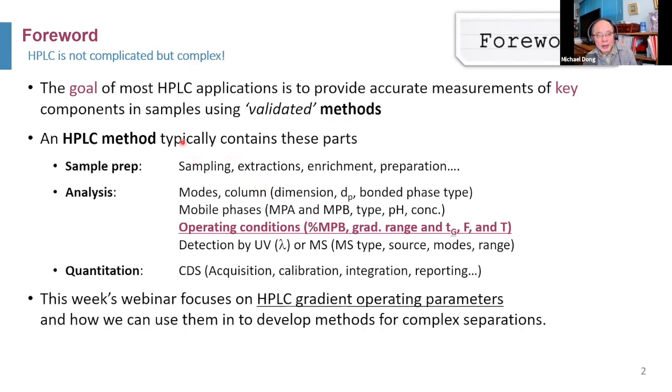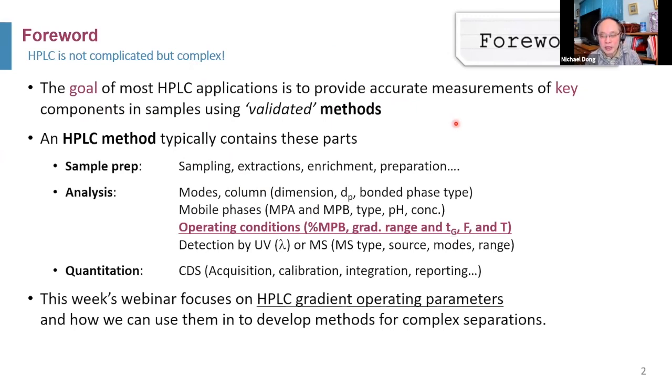So once again, we have to go back to the goal, right? Why do we do HPLC? So most of the application is to provide accurate measurement or quantitation. Quantitation of what? Of key components in a sample, most likely using something which is validated, right? So that's kind of the goal for most people.